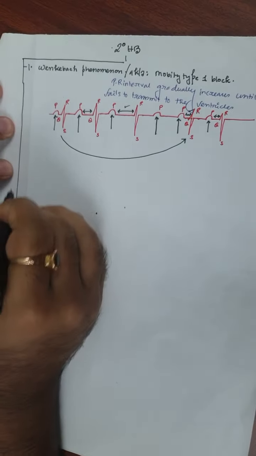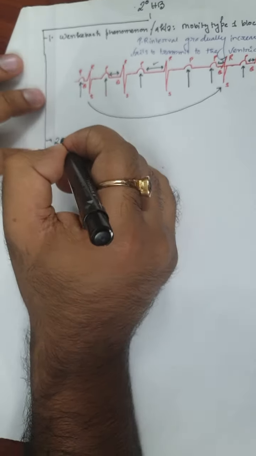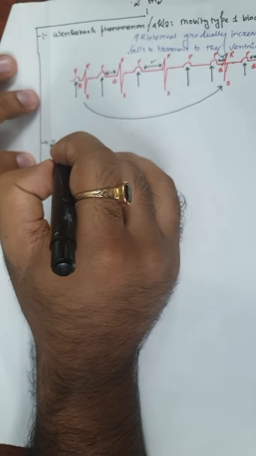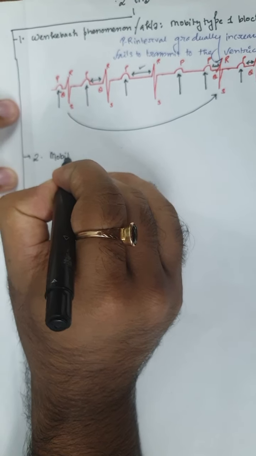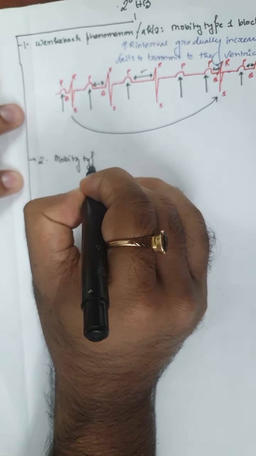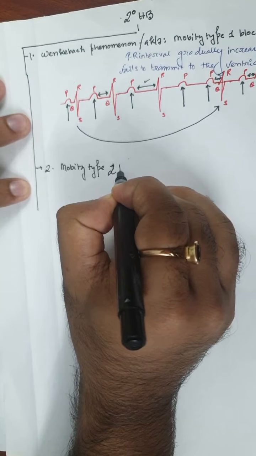Number 2 point in the heading of the second degree heart block is Mobitz type 2 block.